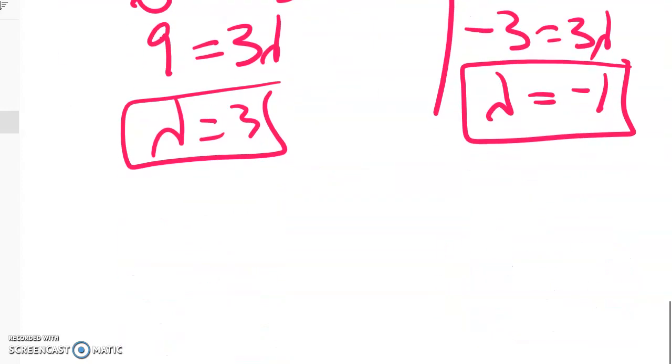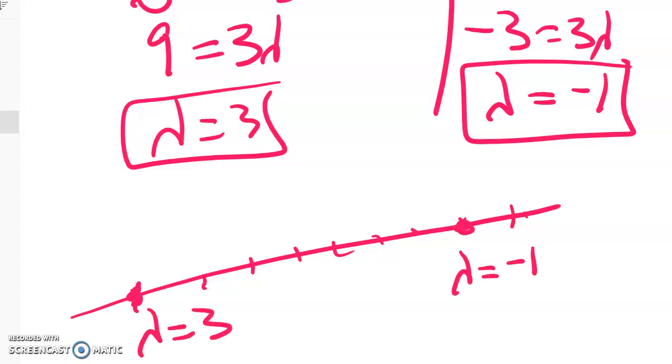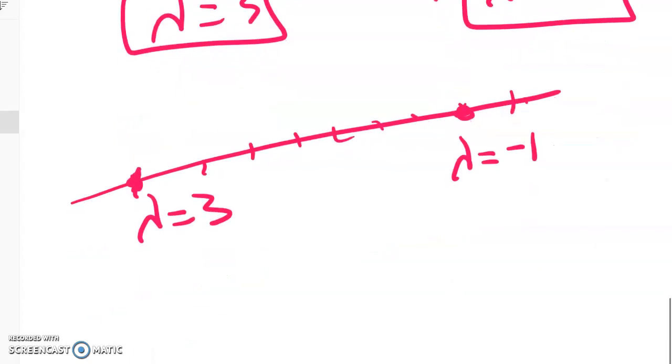We've got a line like this, and every point on this line is some distance from the plane. And when we've got lambda equals 3 and lambda equals negative 1, then we're exactly 2 units away from the plane.